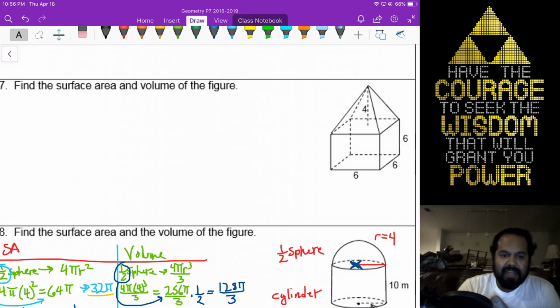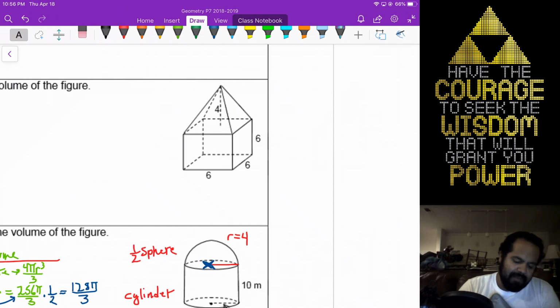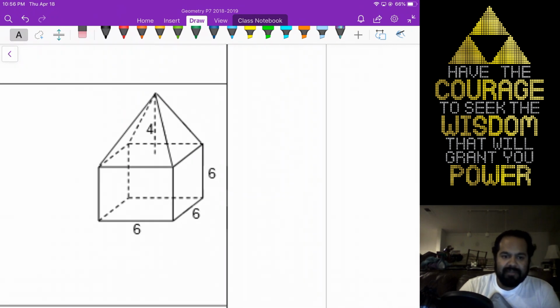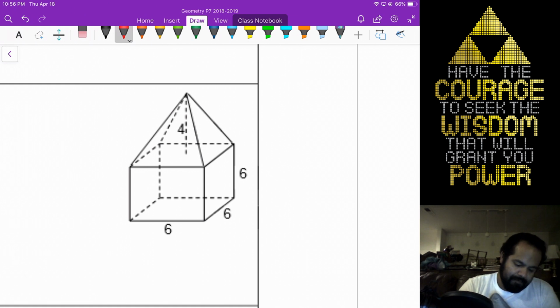Find the surface area and volume of our figure. So for surface area, remember that for a pyramid, we are going to need the slant height, which if I draw it right here, that will help me visualize a right triangle inside of the shape. So taking this length of 6 down here, I can move it up here.